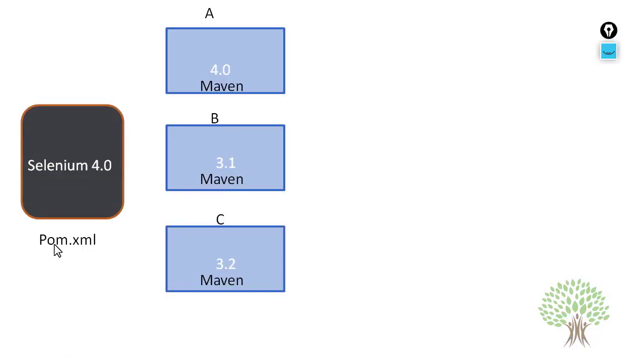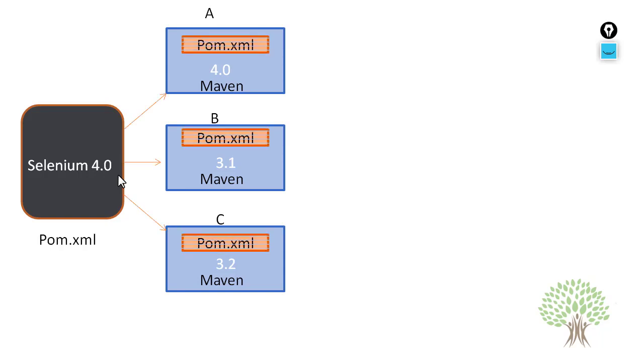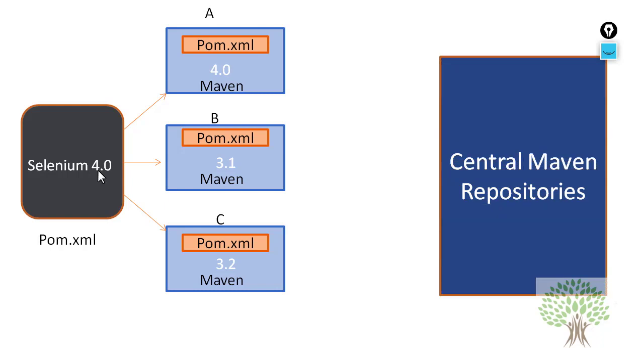Suppose Selenium version 4 is required for the project. We will write down an XML file, and then we will give this XML file to all the team members. So all the team members will have the same pom.xml on their machines. Maven is going to read this pom.xml. Maven will understand that the project is dependent on Selenium version 4, and Maven will connect to central Maven repositories.